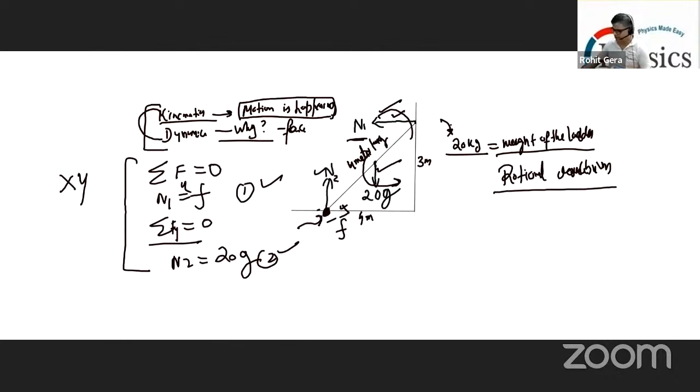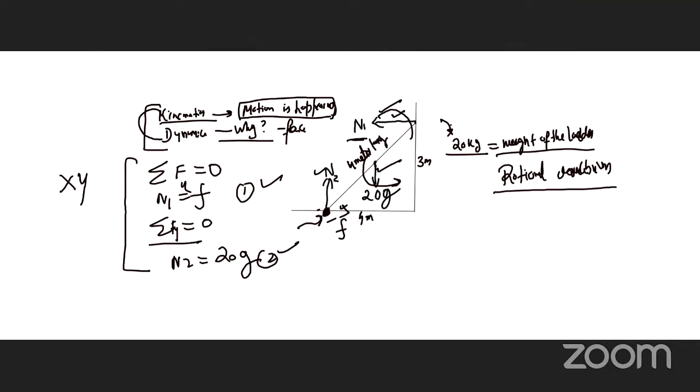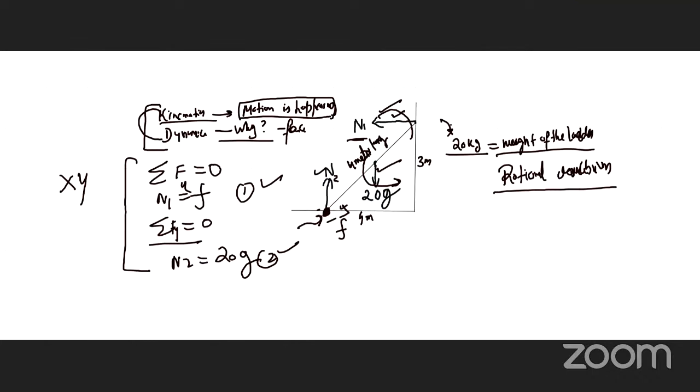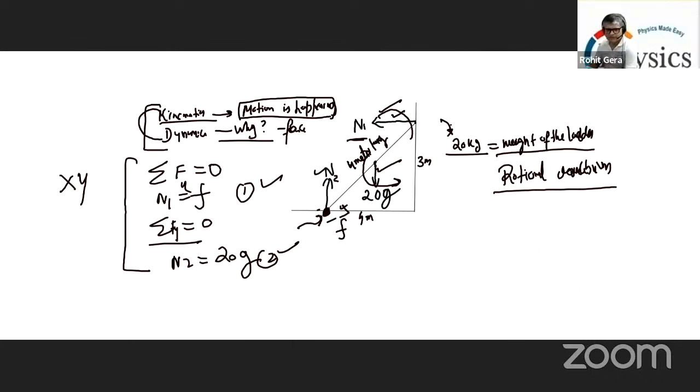Force into perpendicular distance between the axis and the line of the force. The line of the force is N1, horizontal leftward. Yes, sir. What is its perpendicular distance from the point about which you are applying the torque? 3 meters. लगा दो. Anti-clockwise. ठीक है.